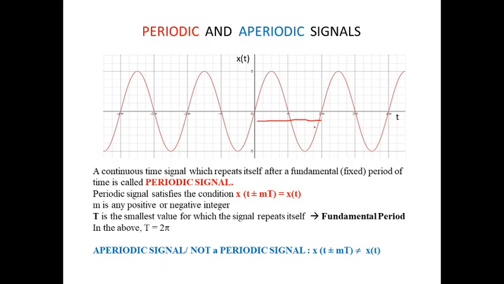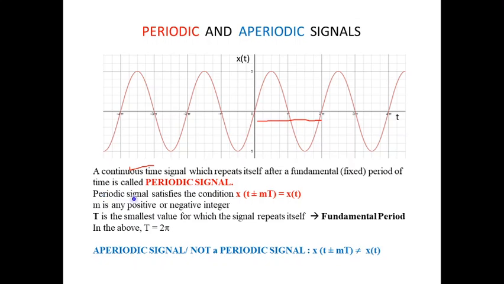However much I shift this signal over the fundamental time period, either as a delay or advance, the signal remains the same. So this type of signal is called a periodic signal. A continuous time signal which repeats itself after a fundamental period of time is called a periodic signal.